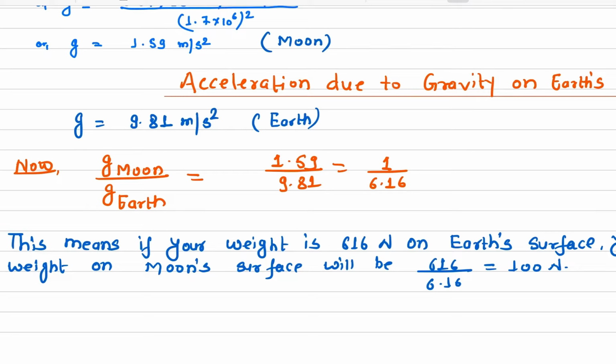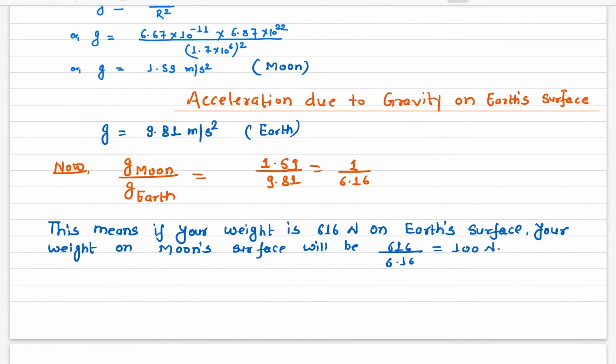So the ratio of the acceleration due to gravity on the moon to the Earth's surface is about 1/6. This also means that if you weigh 660 Newtons, let's say, on the Earth's surface, then your weight on the moon surface would be 100 Newtons, because the g value is 6 times smaller.